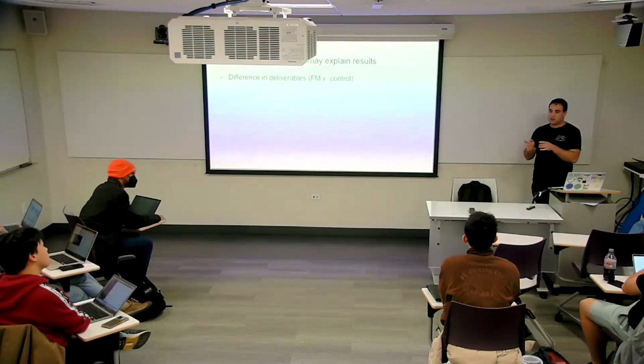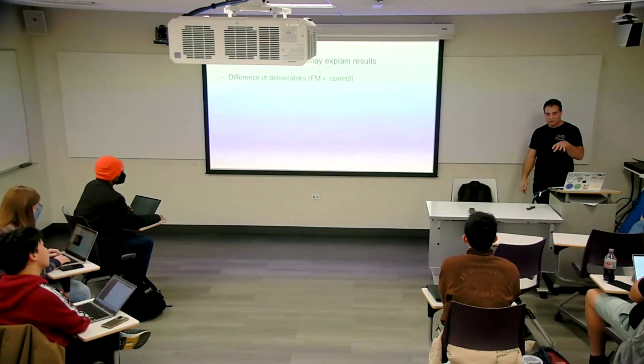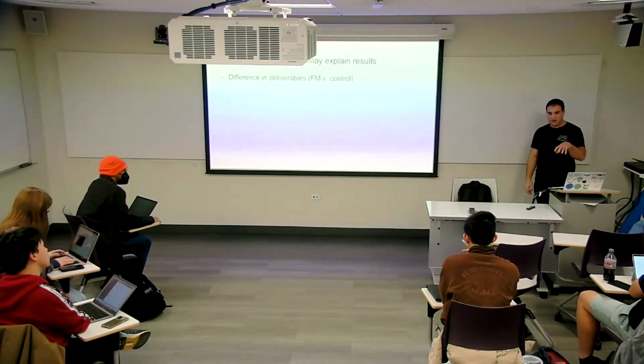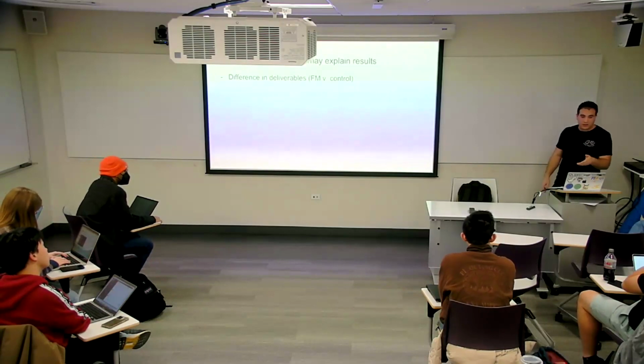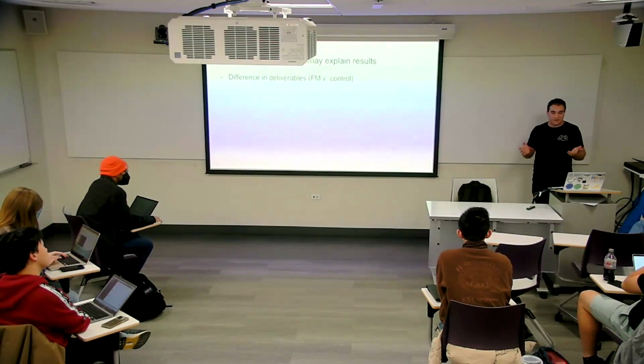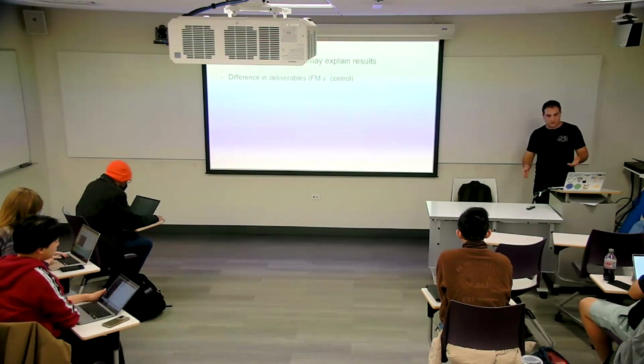So this is kind of touching on what Elizabeth mentioned, right? Because if you have to include a formal design too, you're actually doing design. Whereas the control group didn't have to submit their design. So they may have just skipped design entirely. We have no way to rule out this possibility.